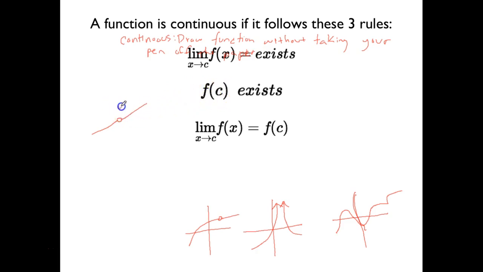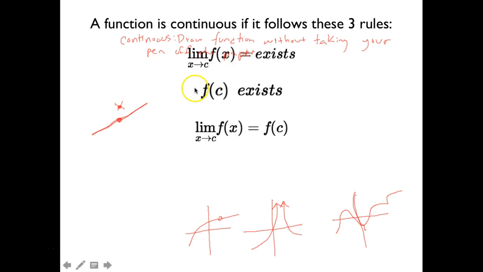Well, if I put a point up here, you can't draw this function without taking your pencil off the paper. But if we say the limit, as we approach something from the left and the right, is the same as the point, that means I have to put the point down here, not up on the top. And if you put the point down there, now if you were to draw this function, you can draw it all the way across without taking your pencil off the paper. So that's what this means here.